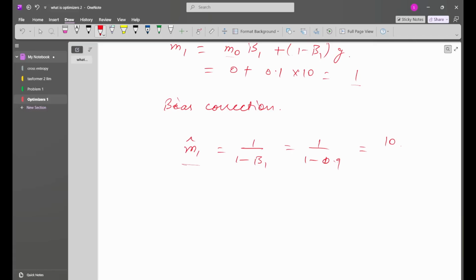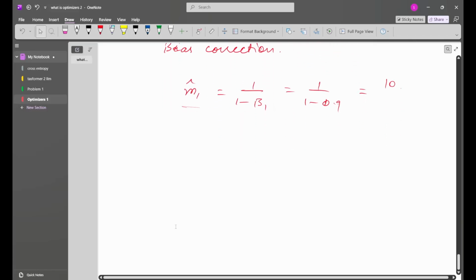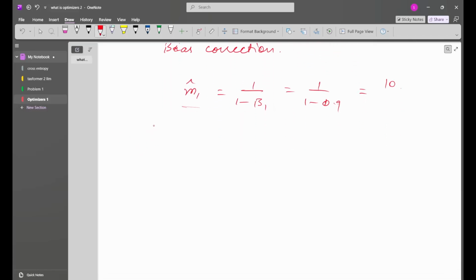Okay, so in step 2 you can see the magic. In the second update, m2 is equal to 0.9 multiplied by 1 plus 0.1 multiplied by 10, which is equal to 1.9. The beta value is 0.9, and the m1 value we computed is 1.